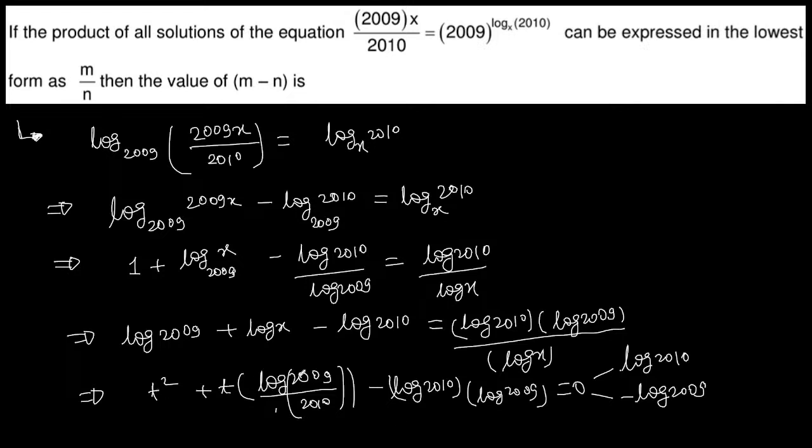So okay, we can say that this is equal to log x. t is what? Log x. This is also log x. So x1 can be written as 2010. x2 could be written as 1 upon 2009.